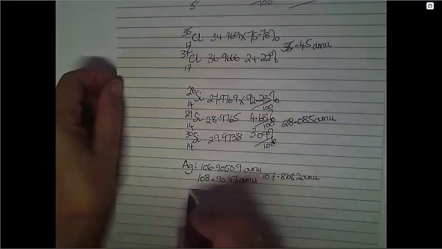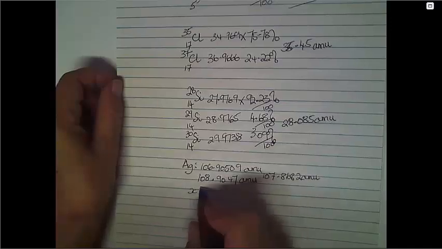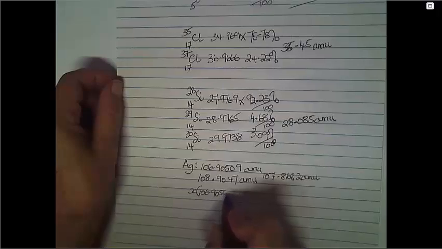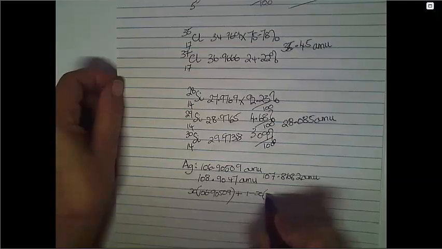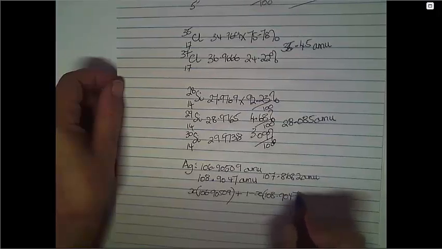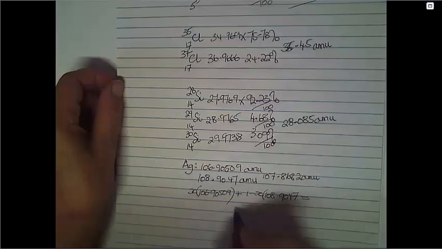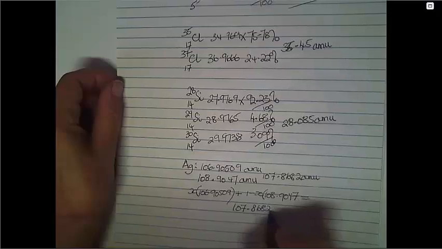What you then do is you say, okay, let the percentage be X multiplied by 106.90509 plus 1 minus X multiplied by 108.9047 is equal to 107.8682 atomic mass units.